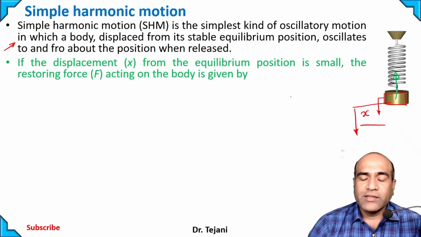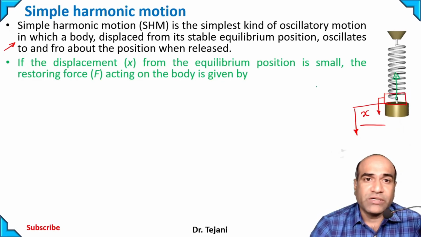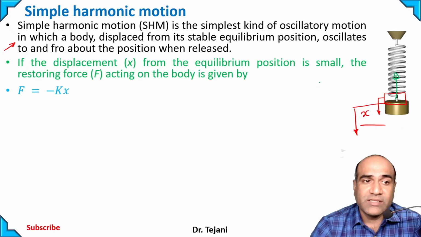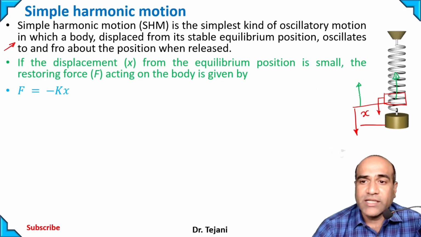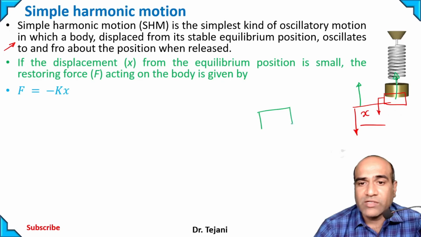And in the equation of motion for simple harmonic motion, the spring force is given by F. There is an upward force on this mass. Say, for example, this is our spring.